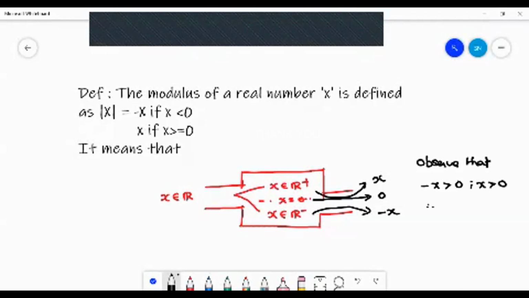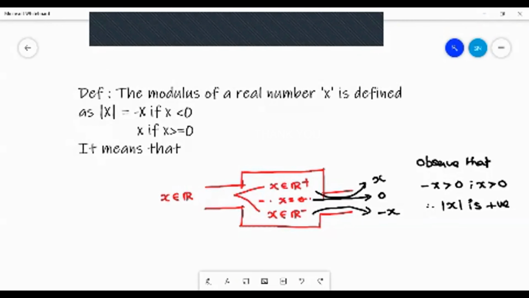Then finally we can say modulus of x is always a non-negative value. So in this process, input is all real numbers, and coming to the output, we are getting only non-negative real values.